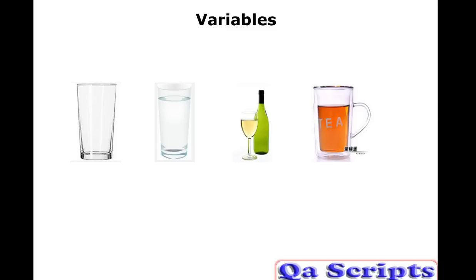When I say data, I mean the information that I am going to pass from my keyboard, such as ABCD, that's one kind of data. 1 2 3 4, that is another kind of data. 1 2 3 4 5.25, that is another kind of data. And special characters also I can pass from my keyboard, so that is another different kind of data. So this kind of data I can place into that vacant space in memory.